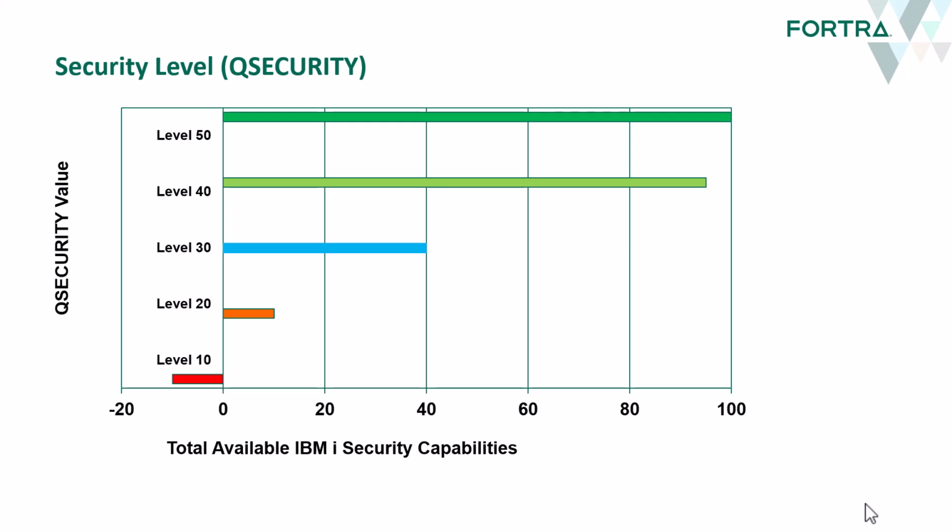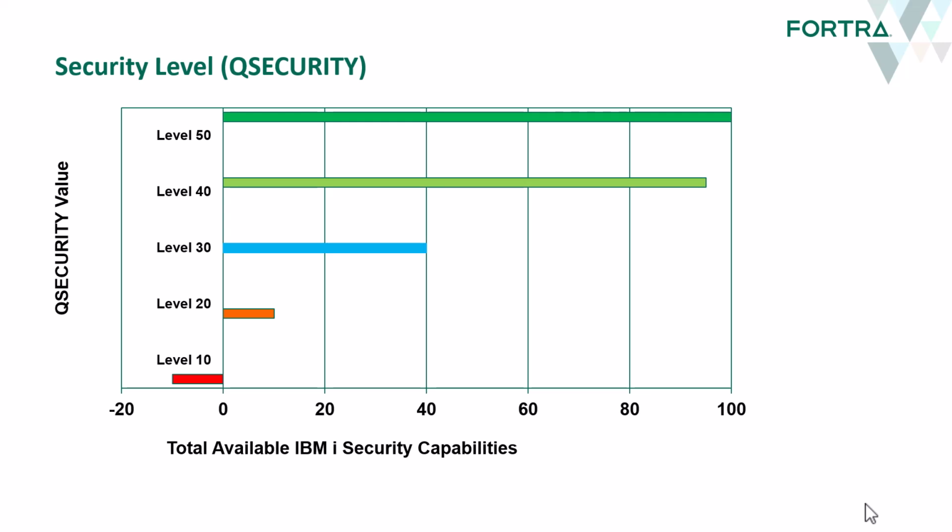There are still systems out there running at level 30 and 20, and those do pose integrity challenges for securing your system because of the way they're set. At level 20, a user profile, when it's created, defaults to have all object and save system special authorities. All object is that authority that grants you access as a user to all of the objects on the system.